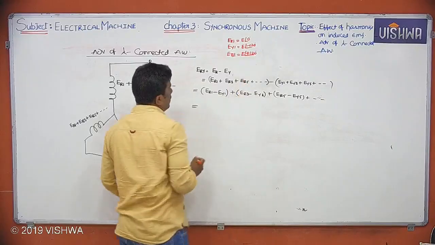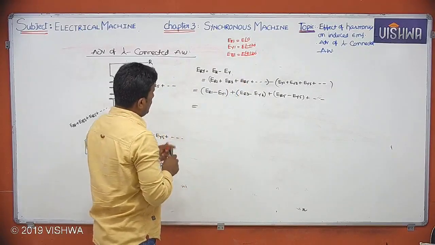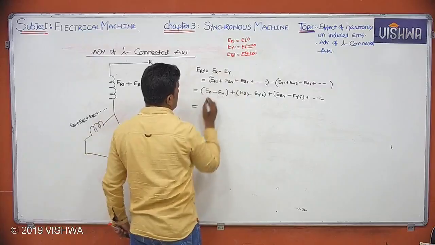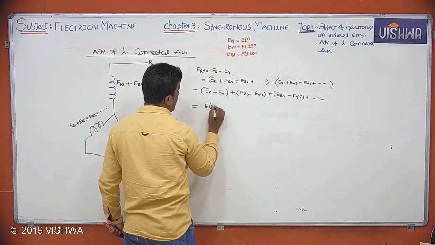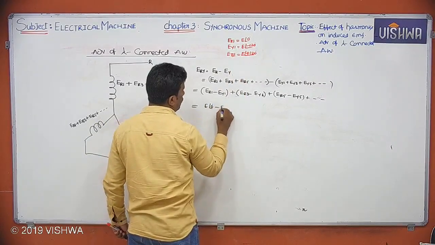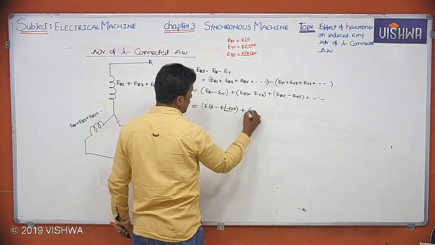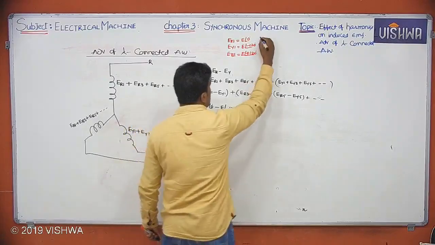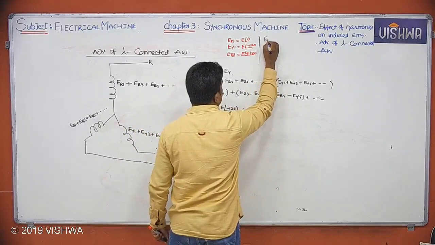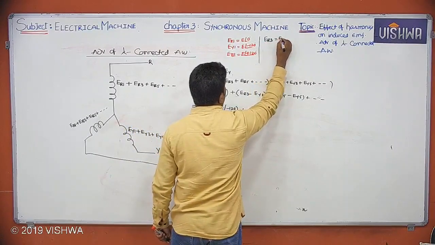Okay. Now I'm asking a question here. ER1 value, how much? E at 0 minus EY1, if I take E at an angle of minus 120, plus ER3 value. So once again, let me take ER3 value as E at an angle of 0.